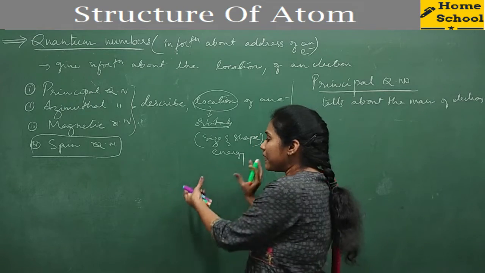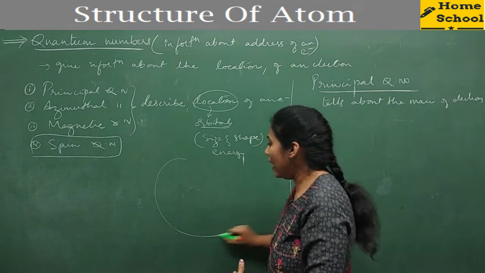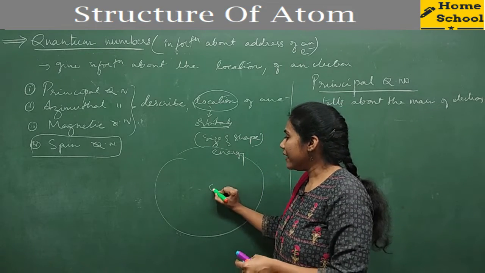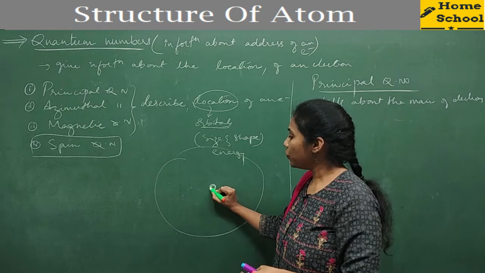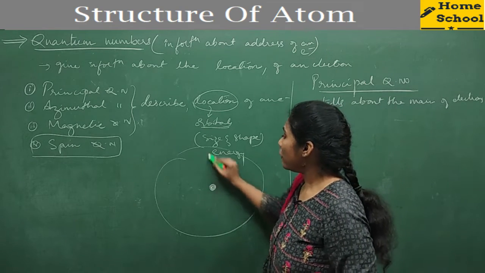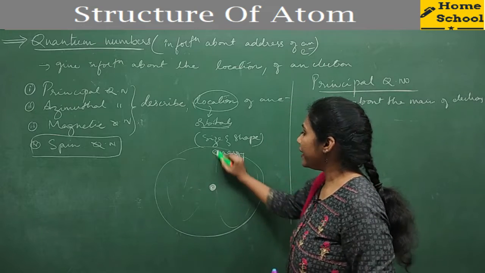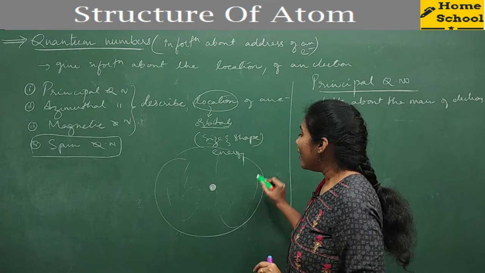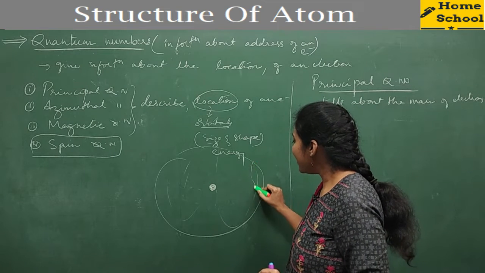At the center of the country there is a region called the nucleus, inside which protons and neutrons are there, and the remaining is the empty area of the country. This empty area we have divided into states.